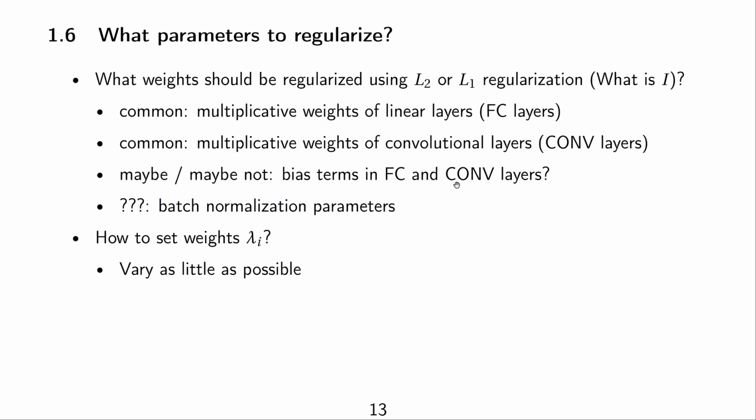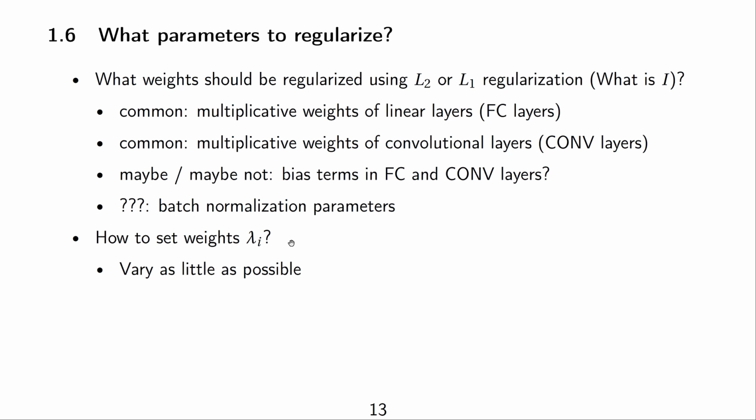It generally seems that it doesn't make a lot of sense, but if you leave it in, it's not going to create a big difference either way. One thing I leave for you to look up: do you actually want to regularize the parameters for batch normalization?